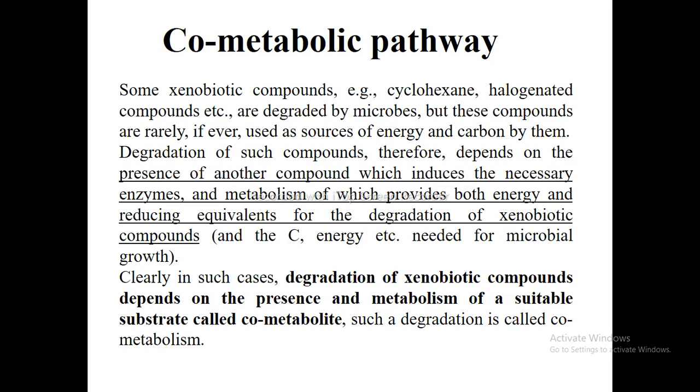The compound that is degraded and is serving as the source of energy and carbon is known as the co-metabolite, right? So this kind of pathway, where another substrate is used as a source of carbon and energy and is required for degradation of these xenobiotic compounds, will be called the co-metabolic pathway of xenobiotic compound degradation.